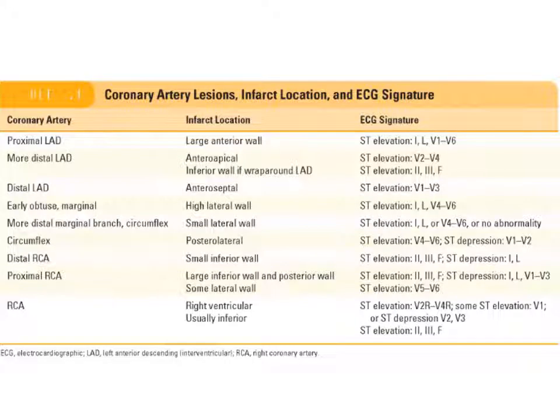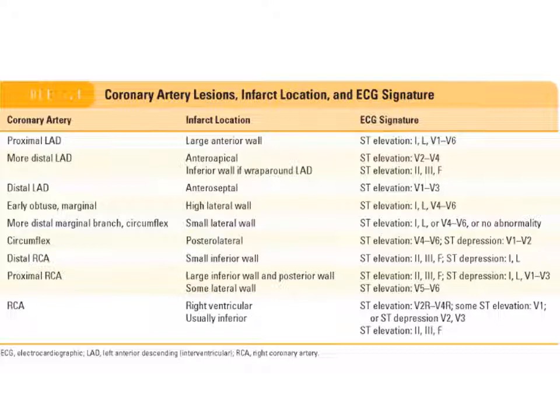Here, this is just a table to show if you are interested, and if you wish just to have a look on it. You are not requested to know this in the second year, but it's important to know that when the main arteries or their big branches are blocked, the common branch, like the proximal left anterior descending artery, the anterior interventricular artery, there is an ST elevation in the ECG, which we have explained earlier.